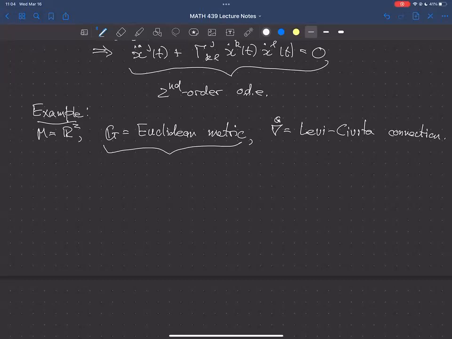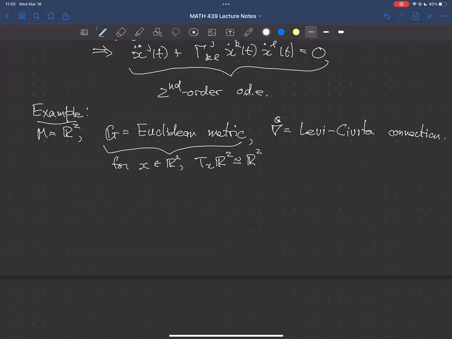What this means is that for x in R2, the tangent space at x, we've seen this multiple times now: tangent spaces to open subsets of Euclidean space can be identified with the Euclidean space. So every tangent space is isomorphic, as a vector space, to R2.